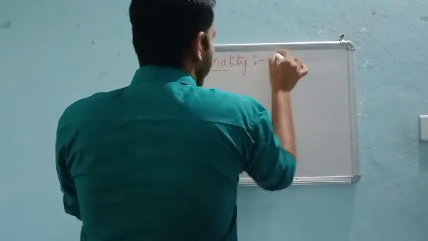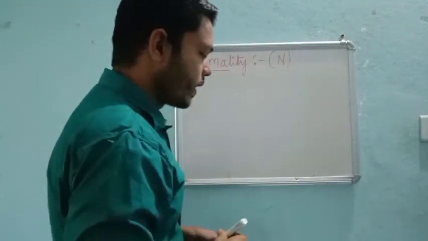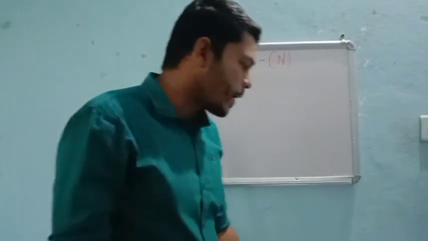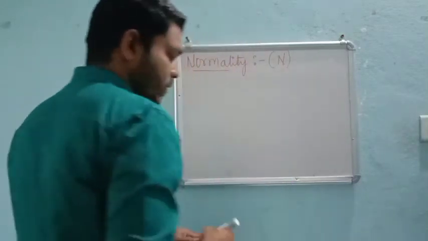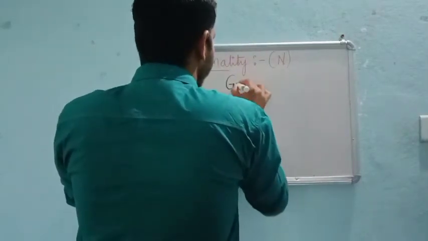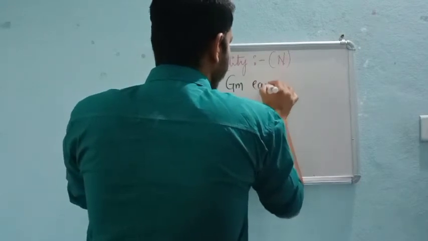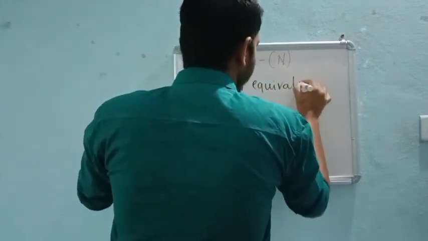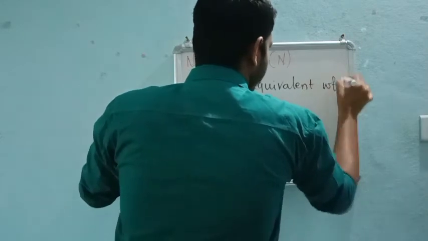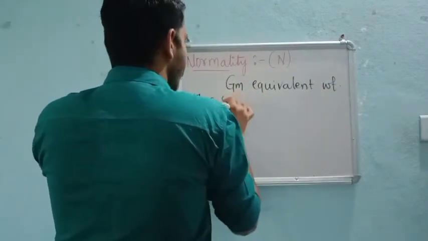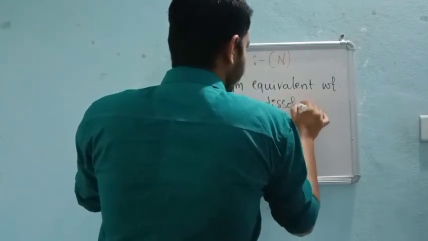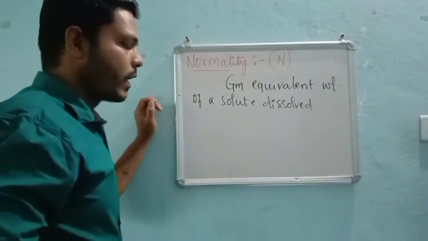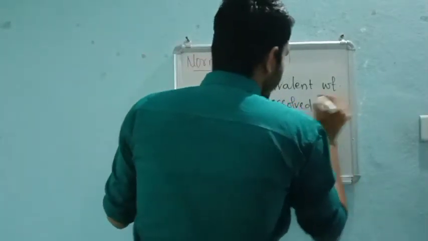Normality is denoted by capital N, right? Normality is nothing but the gram equivalent weight of a solute dissolved in 1 liter of solution.